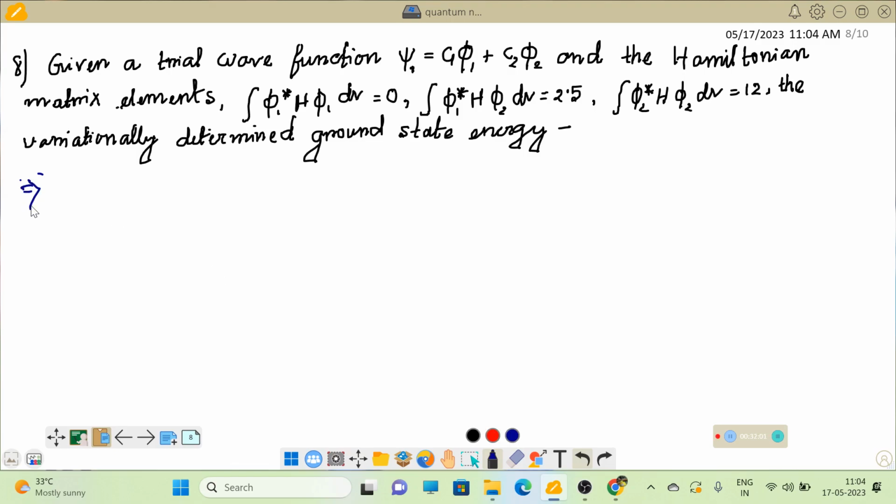Read the question. Given a trial wave function that is psi 1 equal to c1 phi 1, that is a wave function of a diatomic molecule, I think. The Hamiltonian matrix is given here, and this question, if you don't know, you can't do. Here is something I have to tell you: you have to remember one determinant, that is the secular determinant.